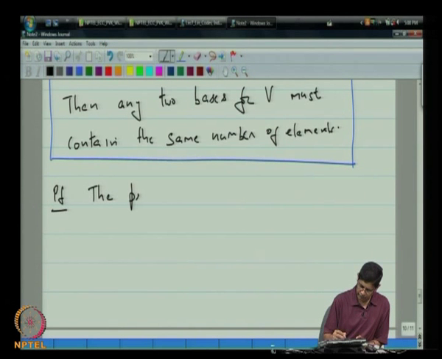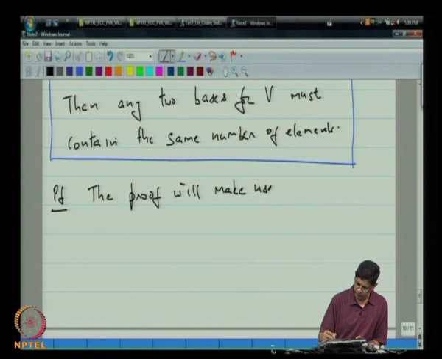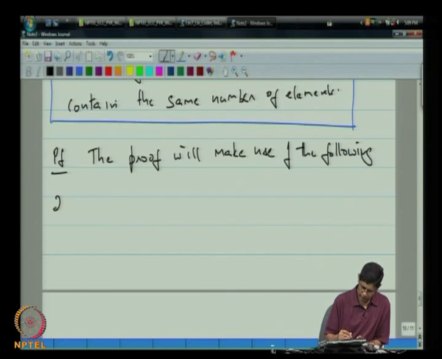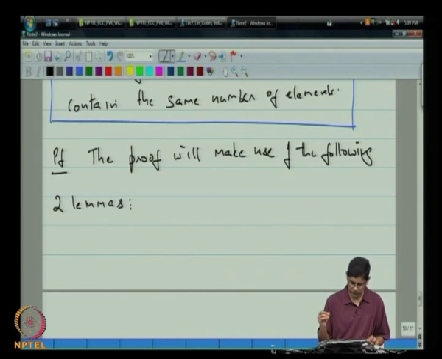The proof will make use of the following two lemmas.